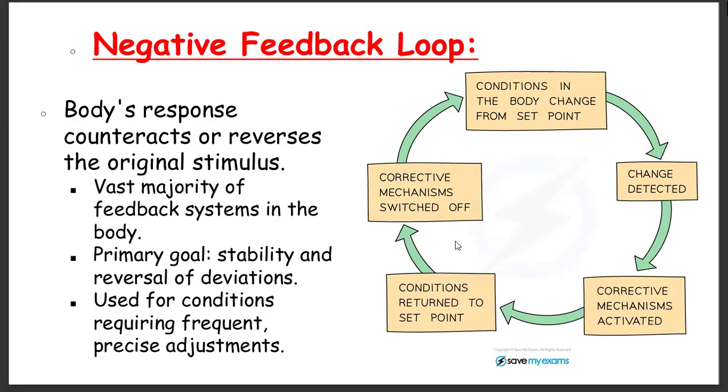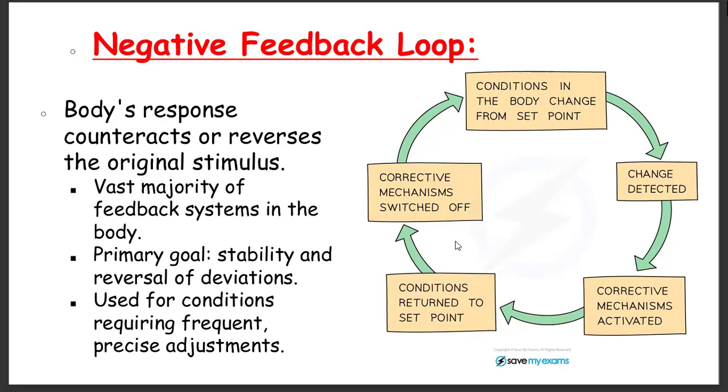And that's the difference in direction, the oppositeness in direction between the change detected and the correction initiated, that is what makes this feedback loop be called a negative feedback loop. Because there is a reversal in direction. If initially it was low, you're going to increase it. If initially it was high, you're going to do what?